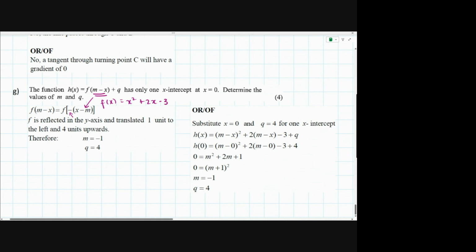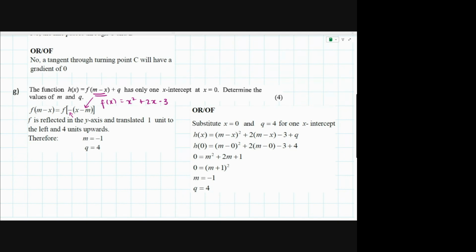We could take out the negative in the bracket. And so what that would leave us with is f of negative x minus m. And then again, we need to understand what that transformation is saying to us.